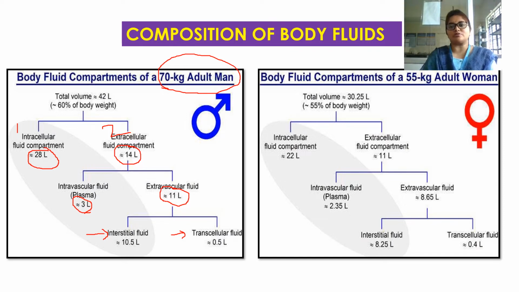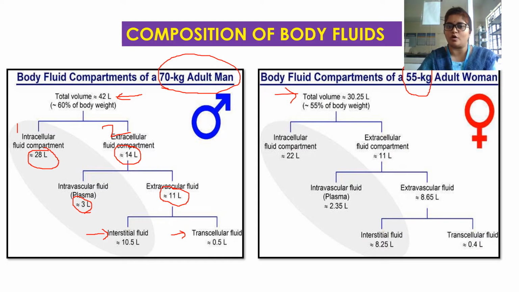When it comes to an adult woman weighing 55 kg, this is the average weight of a healthy adult woman. When you compare the volumes between male and female, definitely there will be a difference. The fluid will be somewhat less in females when compared to males.